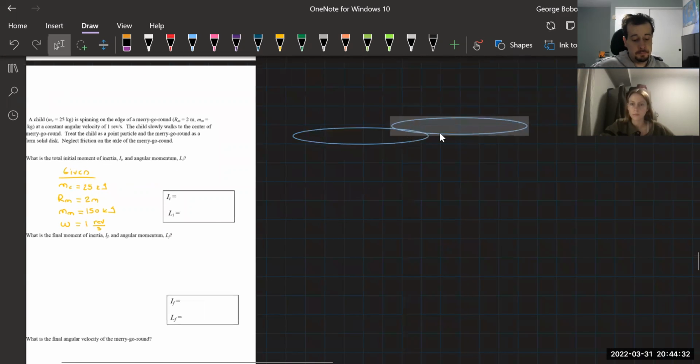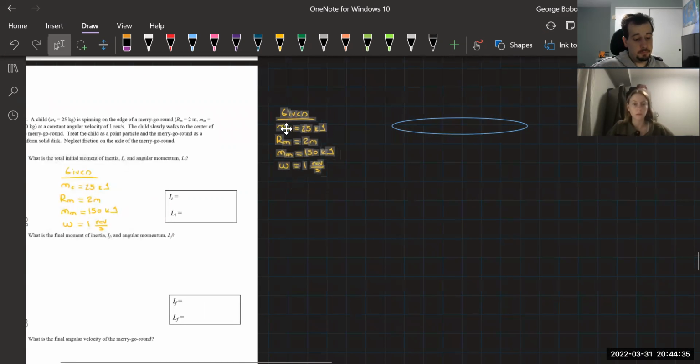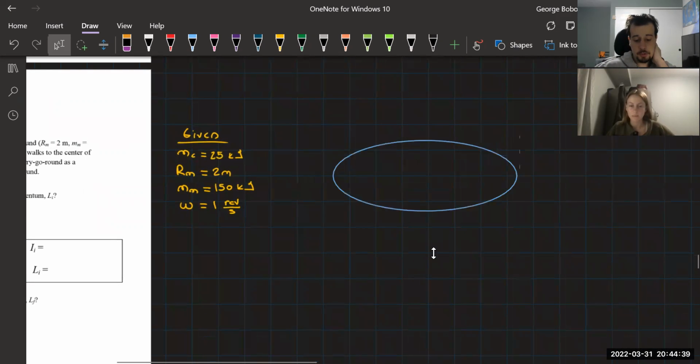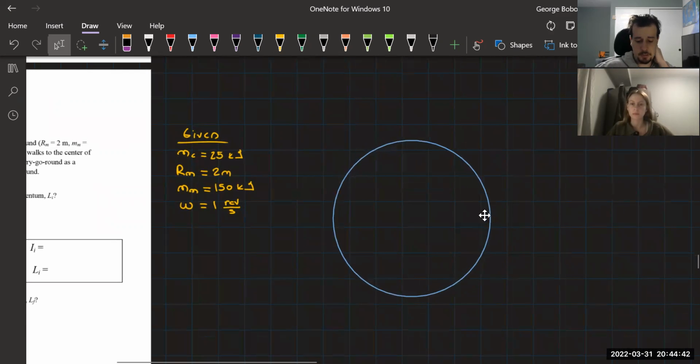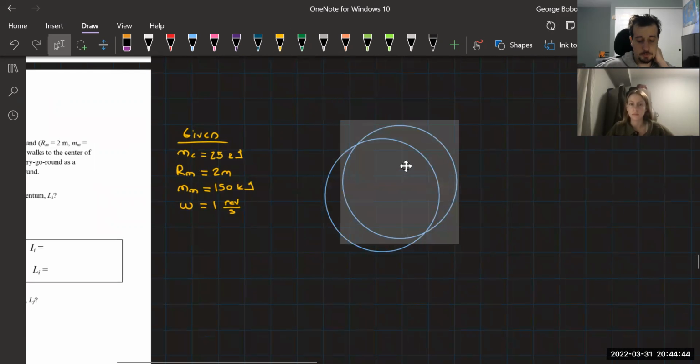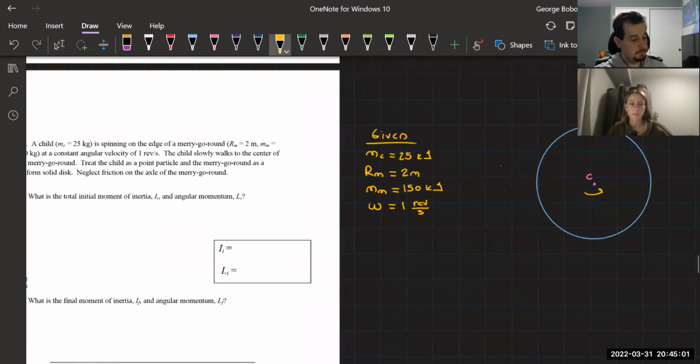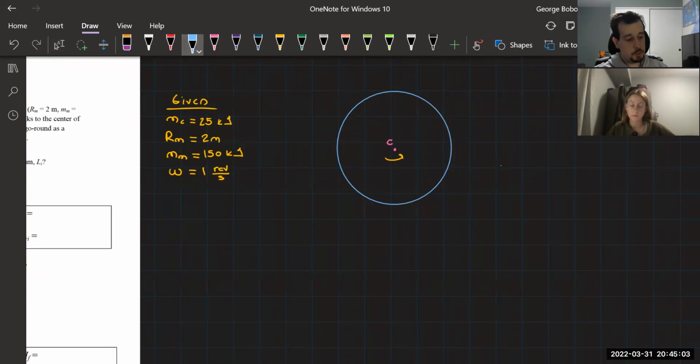Fair enough. So we go back to our template and we understand we're going to be spinning this. I'm going to look at this from a top view again. It will show more details if you do it this way. So the center is here. We are spinning about the center. And we're going to find the girl, I think she's on the edge in the beginning. So she's somewhere over here, maybe her center of mass is there.